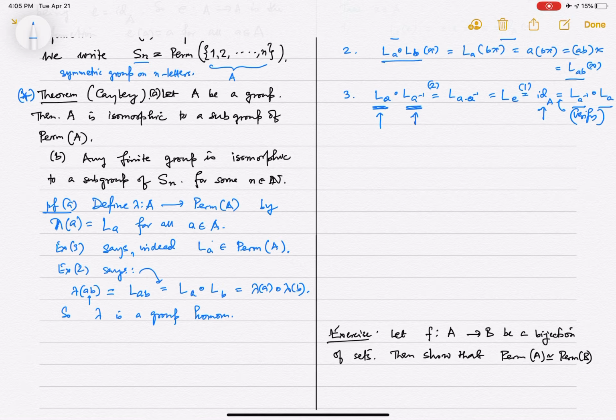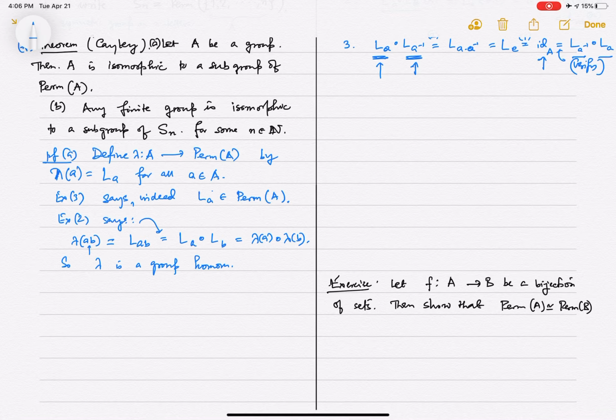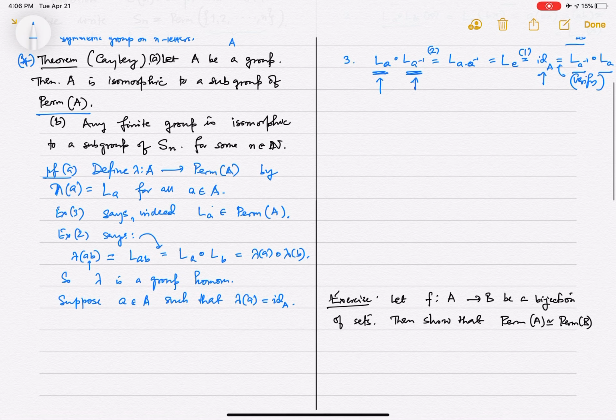Now I want to check that it's an injective homomorphism, it's 1 to 1. And we know how to do that. We have to check that the kernel is trivial. So suppose a is in A such that lambda of a is the identity element. That's the identity of this group. So this is assuming that a is in the kernel of lambda. And then you want to check that a is actually the identity element of A. But what does this mean?